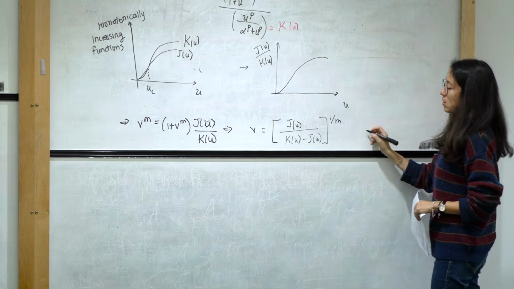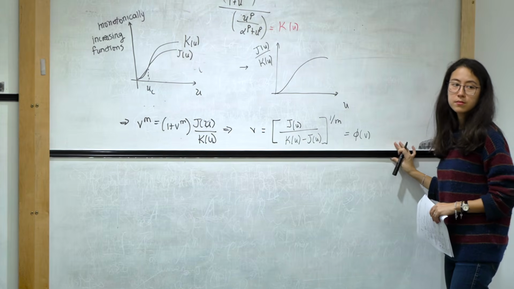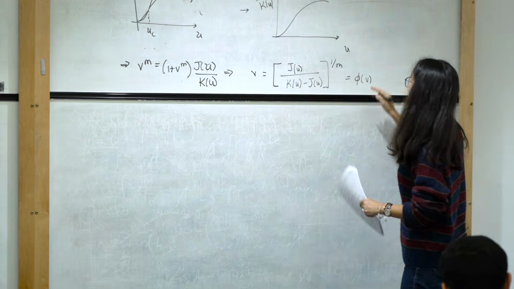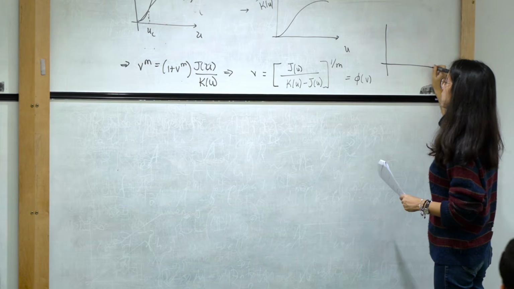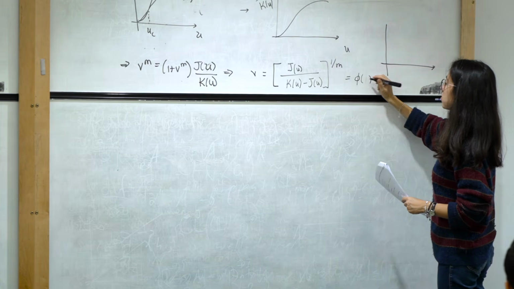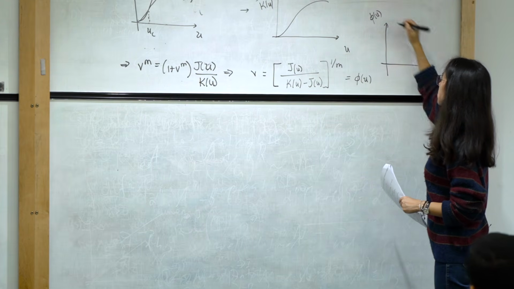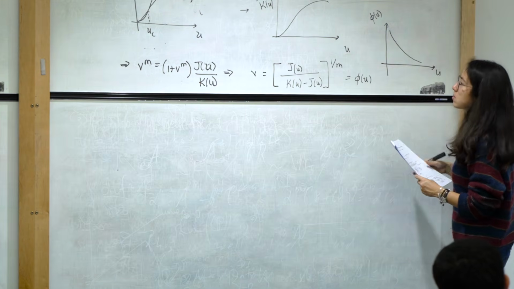And I will give this a new name. This will be phi of u, sorry. So phi of u versus u, it will look like this basically when you draw it.